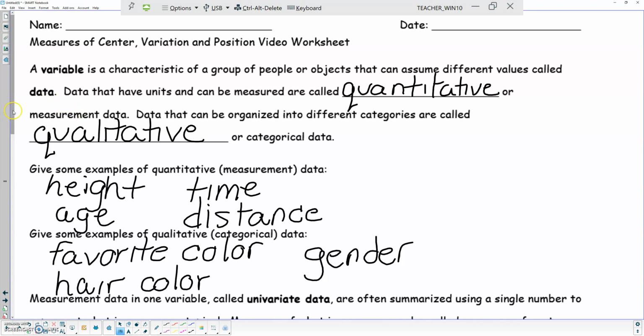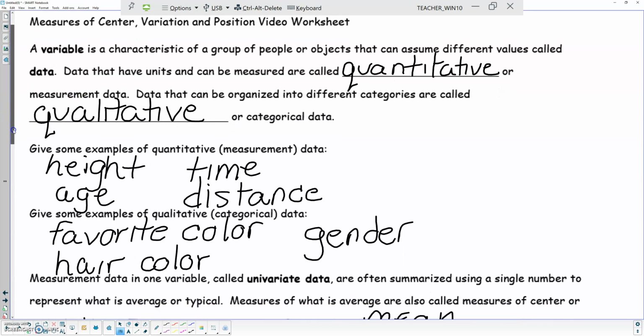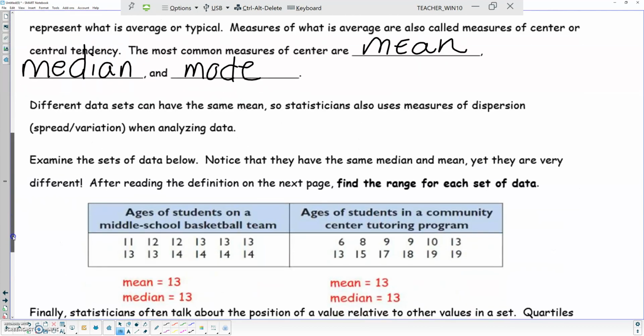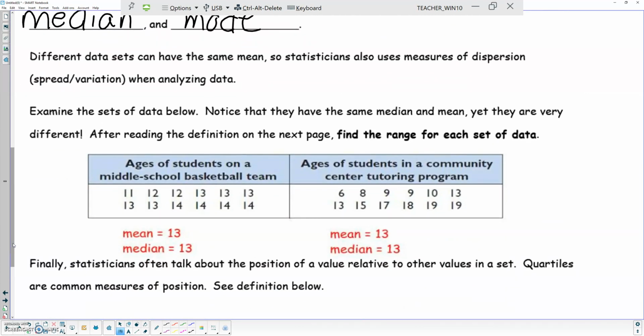All right, so now if we go back to that front page, it says different data sets can have the same mean. So statisticians also use measures of dispersion when analyzing data. Okay, so if you examine the sets of data below, notice they have the same median and mean, yet they are very different.